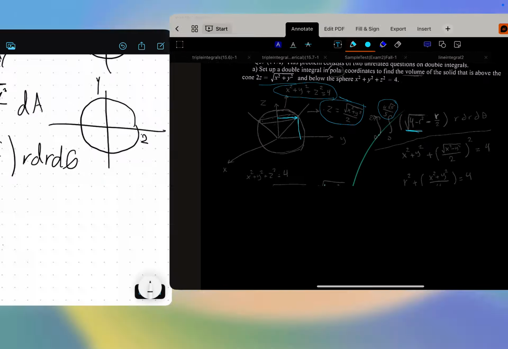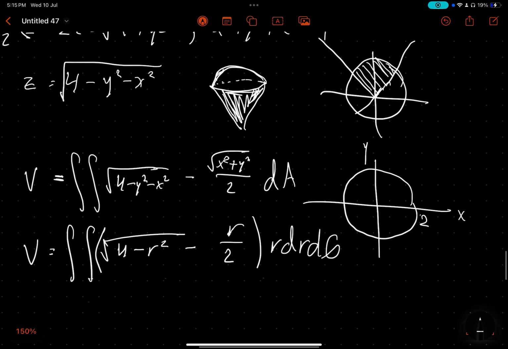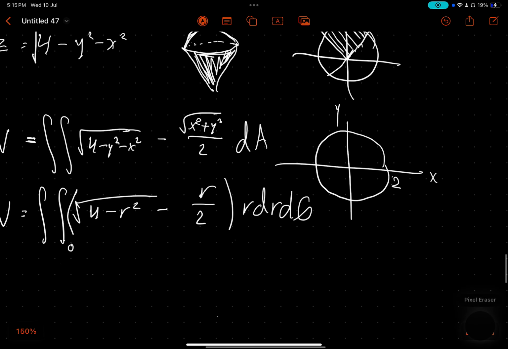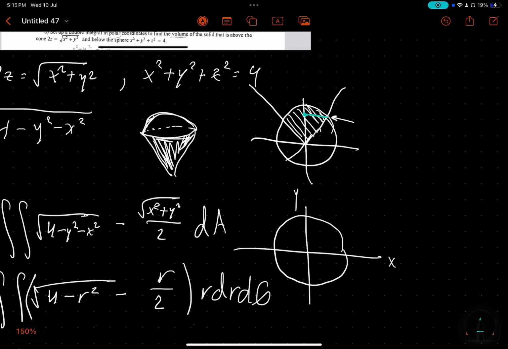So yeah, let's go back here. R basically is from 0, but here R is not 2. As you can see here, R goes from this point up to this point, and this distance is just not the radius of the sphere. It's just something else, and we need to find this distance. What is this distance? Well, let's try to find that.